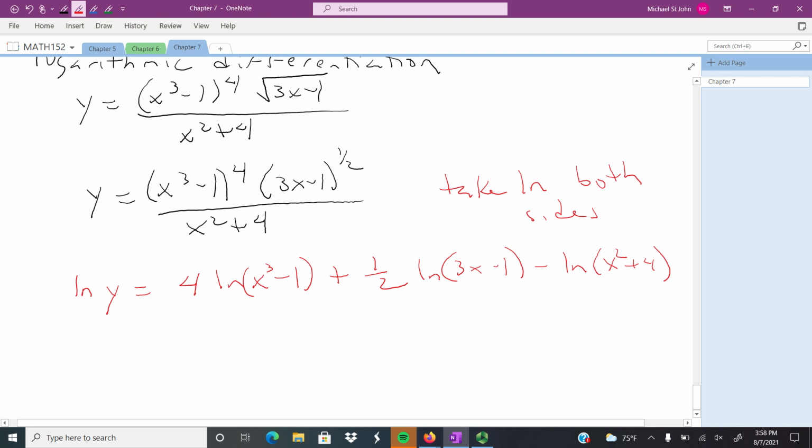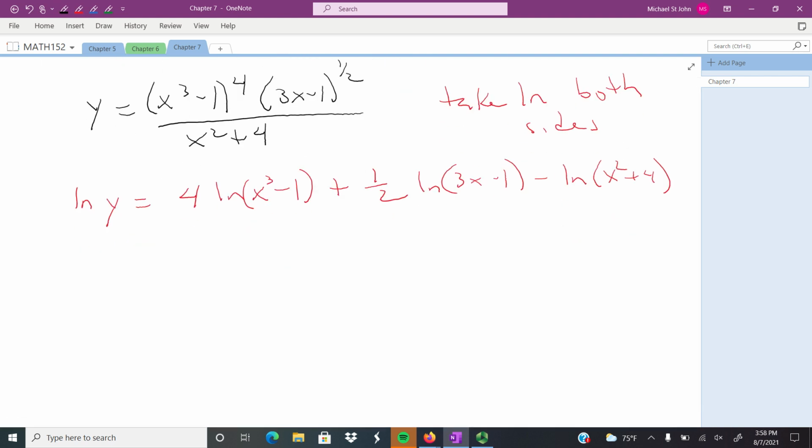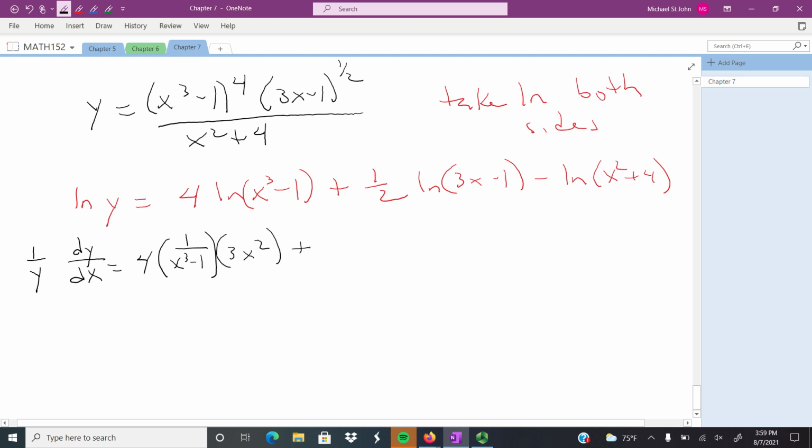Now we're going to take our derivative of everything. So this will become 1 over y dy dx equals 4 times 1 over (x cubed minus 1), and the derivative of that is 3x squared, plus 1/2 times 1 over (3x minus 1), and the derivative of that is going to be 3, minus 1 over (x squared plus 4), and the derivative of that is 2x.